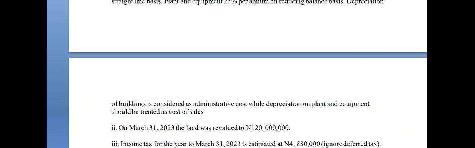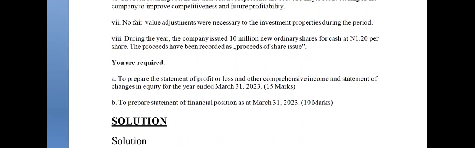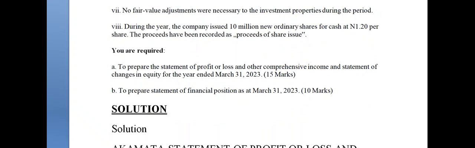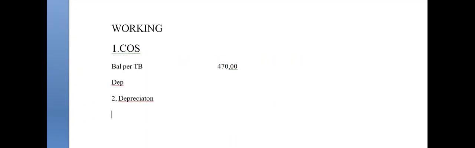We have for building 5%, and PPE 25% reducing balance. Okay. So we have building. Are we still together? Yes, sir.